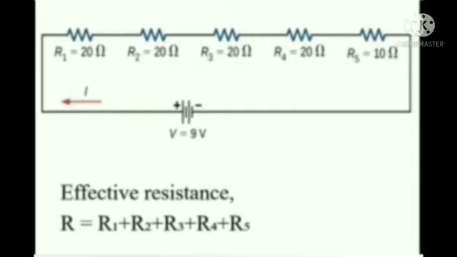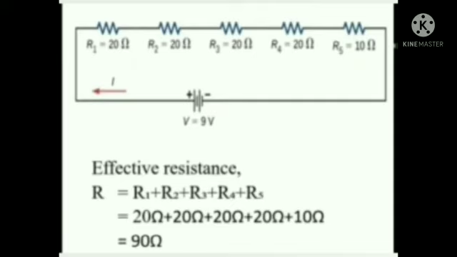We can calculate effective resistance by just adding these. Then effective resistance R is equal to R1 plus R2 plus R3 plus R4 plus R5. R1, R2, R3, R4 are 20 ohms, then R5 is 10 ohm. Adding together we get 90 ohm.